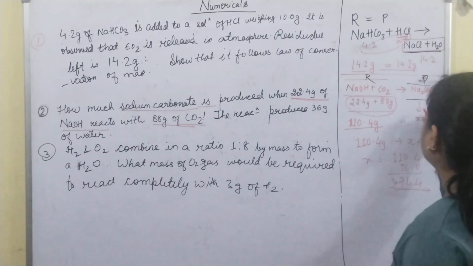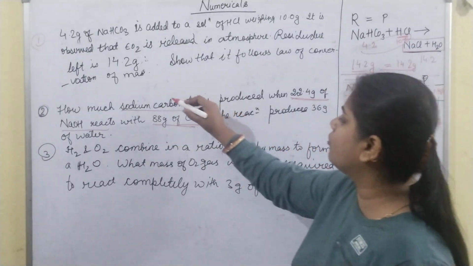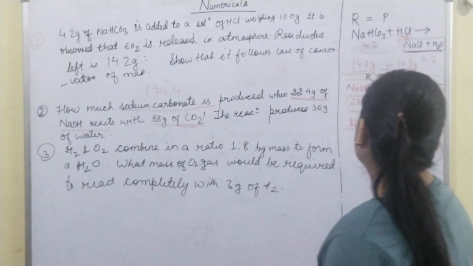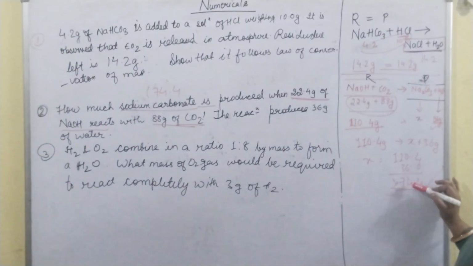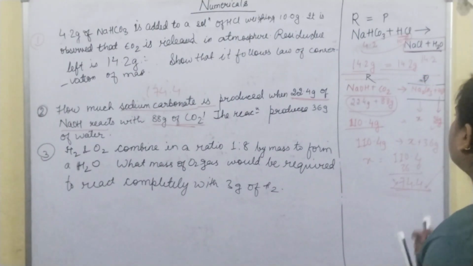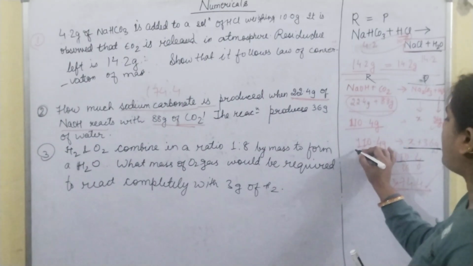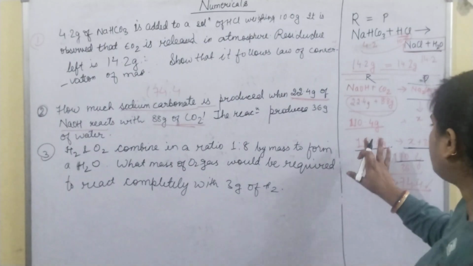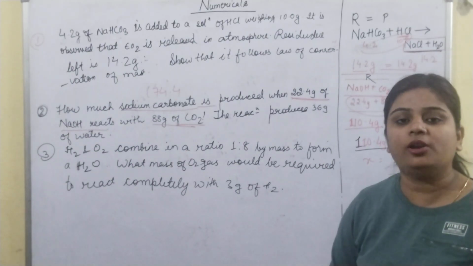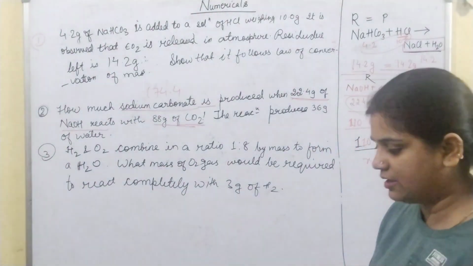The weight of Na2CO3, sodium carbonate, will be 74.4 gram. So 74.4 gram plus 36 is 110.4. The mass of product will be 110.4 and the mass of reactant will also be 110.4. That means the mass of product and the mass of reactant are the same, so it also follows the law of conservation of mass.